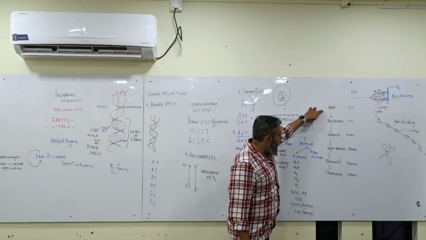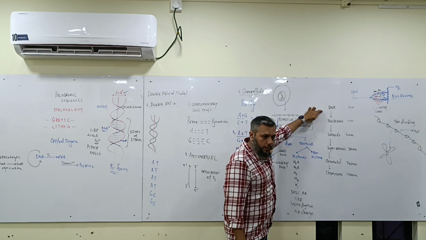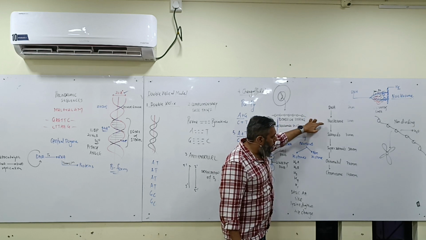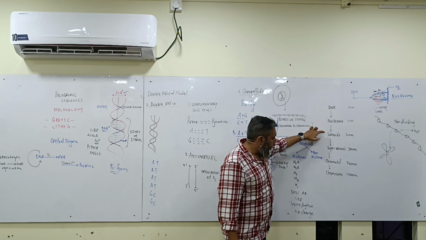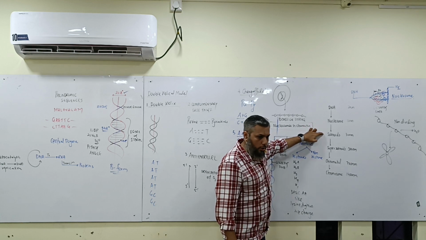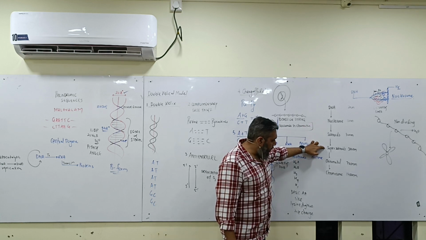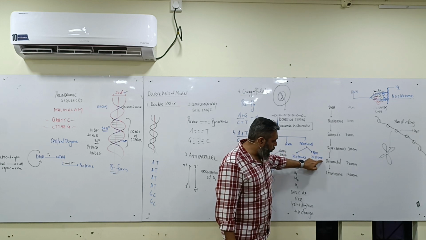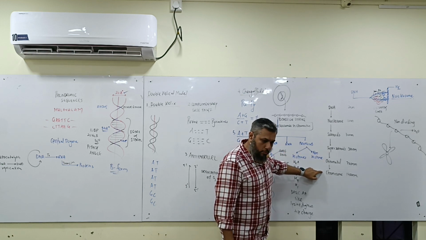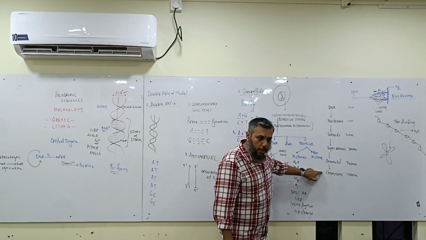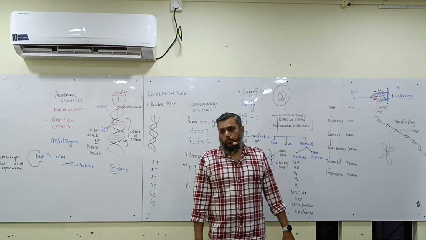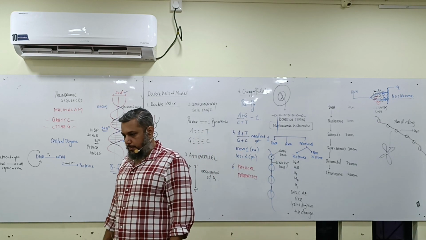So now the stages will be: the DNA will form a nucleosome, which will form fibers called solenoids, which will form super solenoids, which will form chromatids, which will ultimately form a chromosome. And one chromosome will be able to carry how much? About 1400 nanometers of DNA.